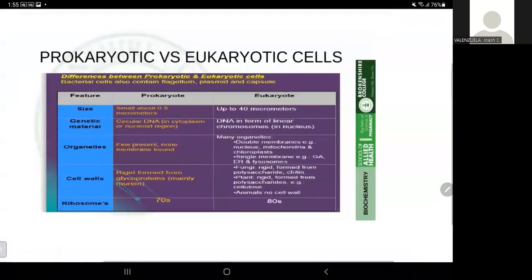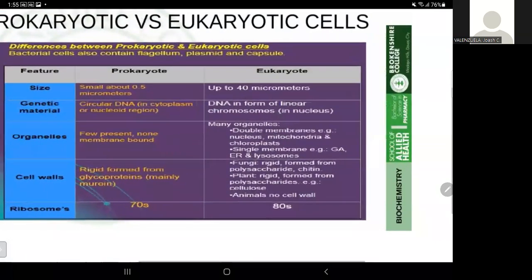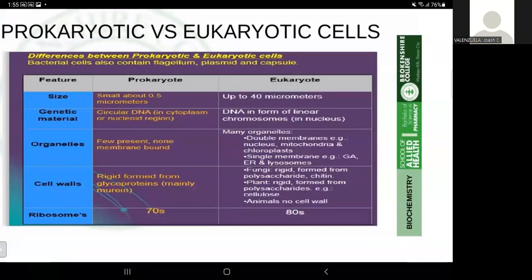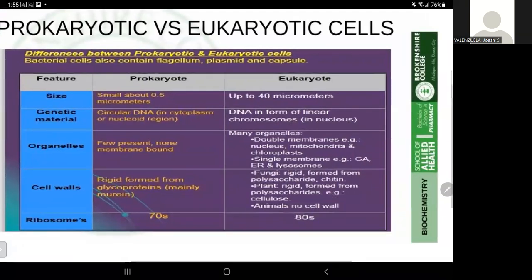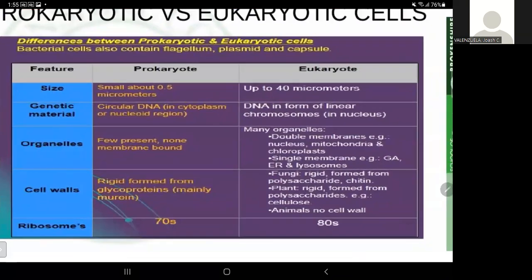Another difference between prokaryotic and eukaryotic is the bacterial cell, which has other components: flagellum, plasmid, capsules. The differentiating features of a prokaryote and eukaryote are the size of the cell, the genetic material, the organelles, the presence of a cell wall, and the presence of ribosomes.